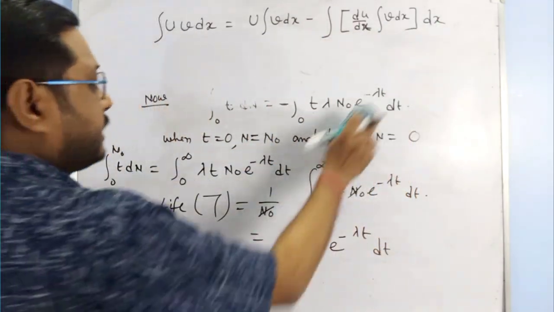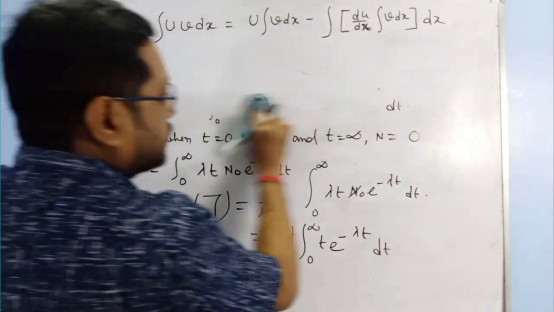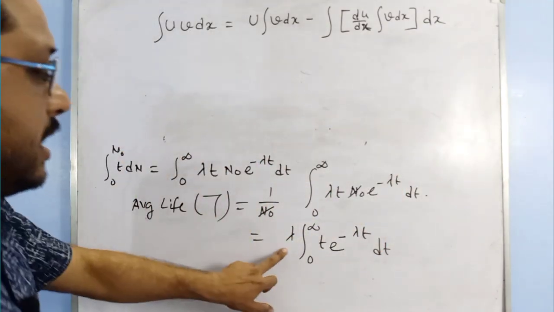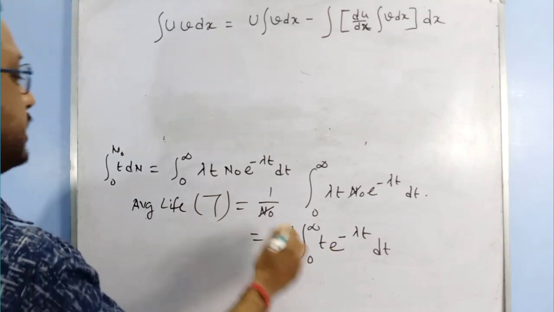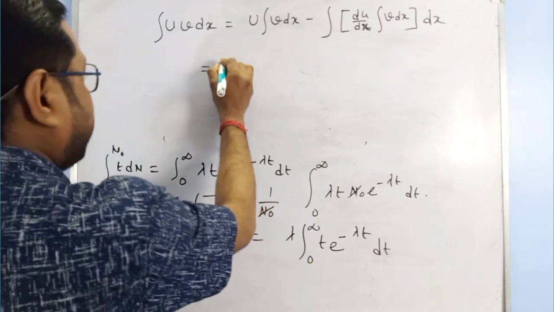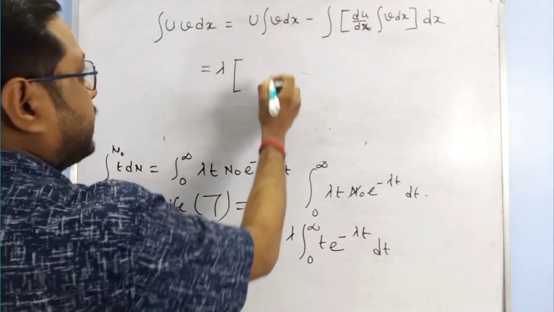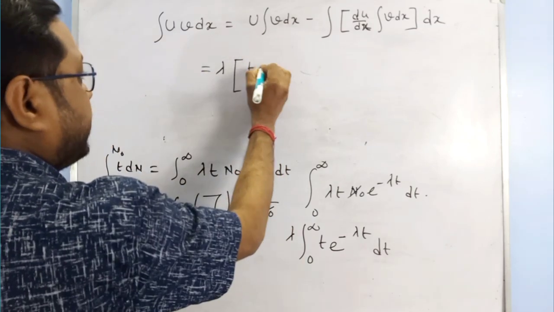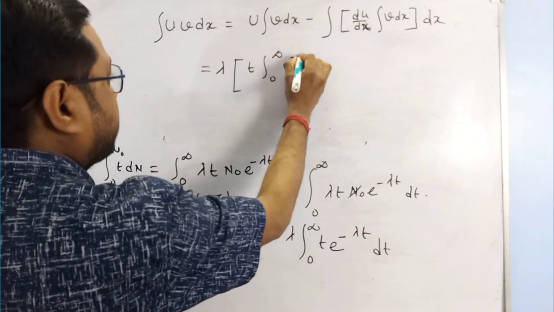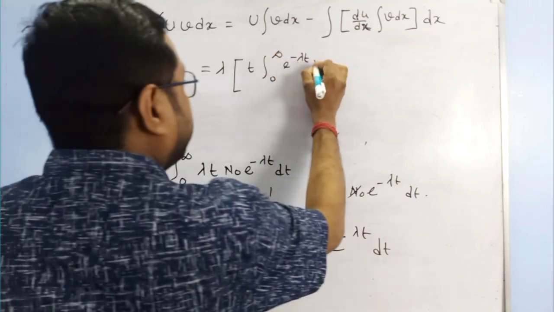So we can get here lambda, integral from 0 to infinity of t e to the power minus lambda t dt.